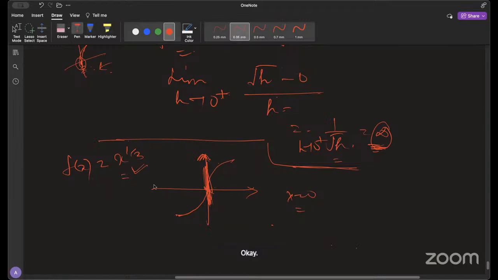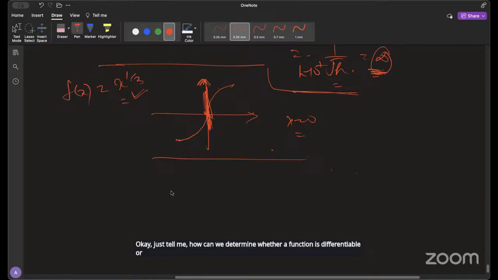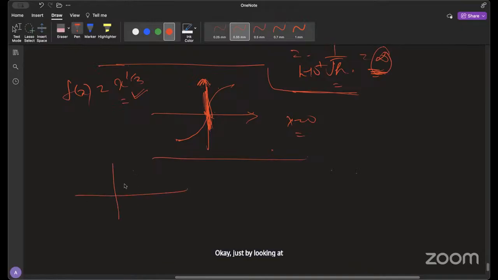Can you tell me how we can determine whether a function is differentiable or not just by looking at the graph? The first thing is you don't want sharp turns here. Sharp edges shouldn't be there. What if one side of the turn is a parabola and the other is a straight line? Exactly, it's not actually differentiable.